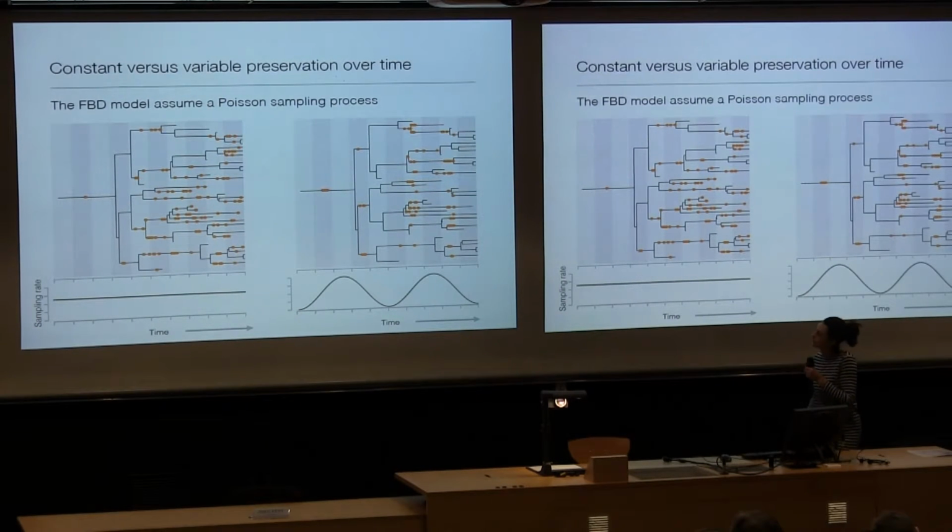So we tested our model using both the constant rate model and a variable rate model. In our variable rate model, we use a stratigraphic model of preservation, and in this model, the Poisson sampling rate varies in each interval.